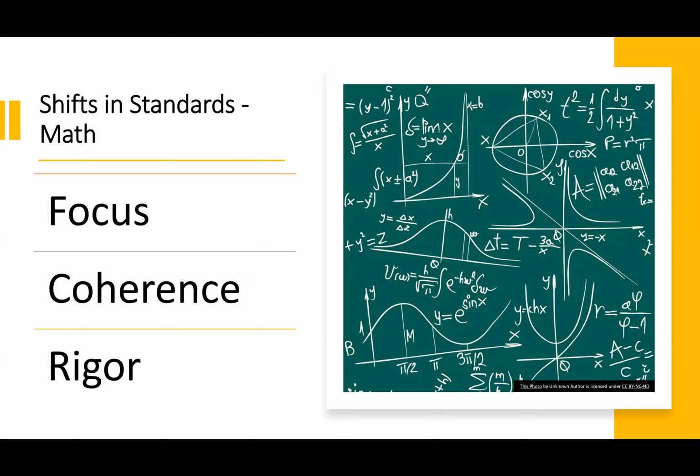For coherence, they're going to have to move in a scaffolded fashion to build coherence on their previous skills so that each new concept becomes an extension of the previous idea. And finally, rigor, which means that the students not only have to understand the mathematical skill with procedural fluency, but they must also be able to apply it in the context of real-world applications.